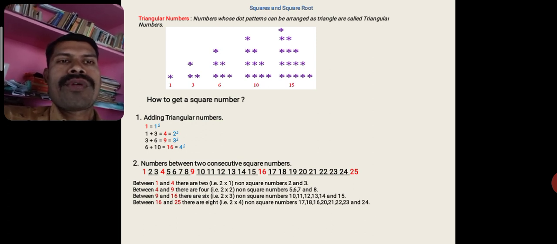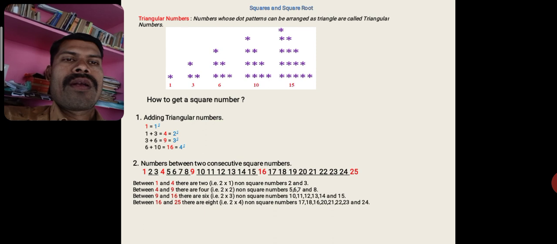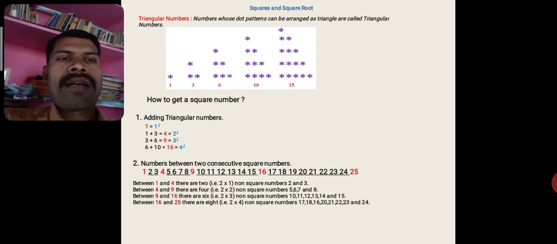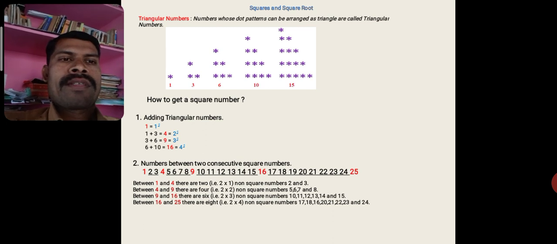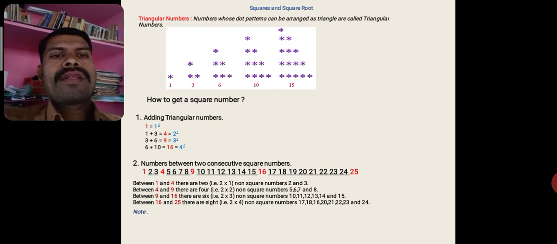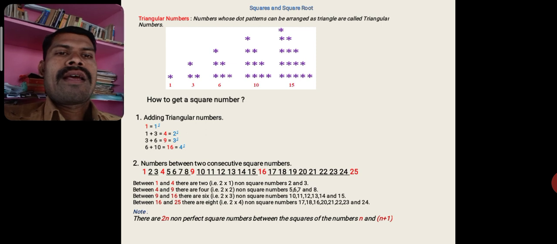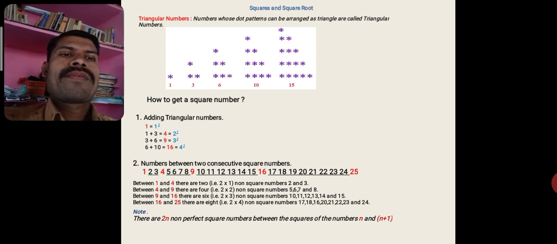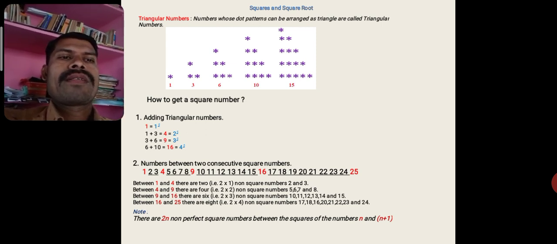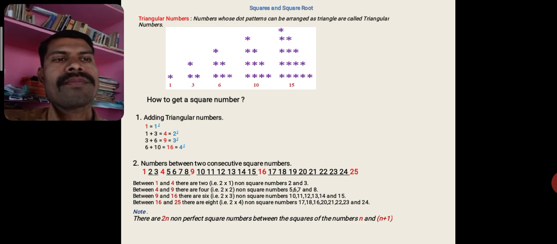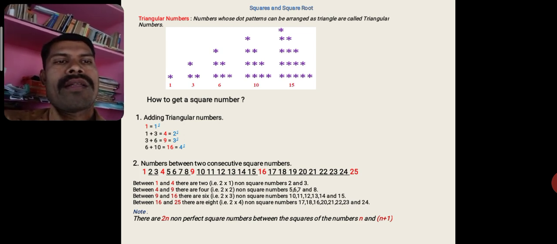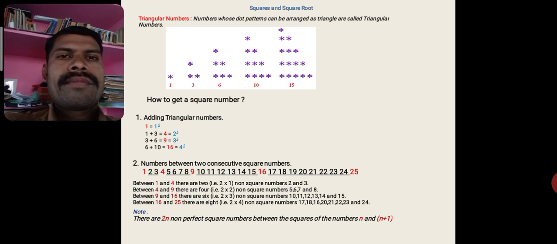That is, 2n non-square numbers will be present between any two perfect square numbers. We can generalize here. That means there are 2n non-perfect square numbers between the squares of numbers n and n plus 1. Okay, that you have to remember here.